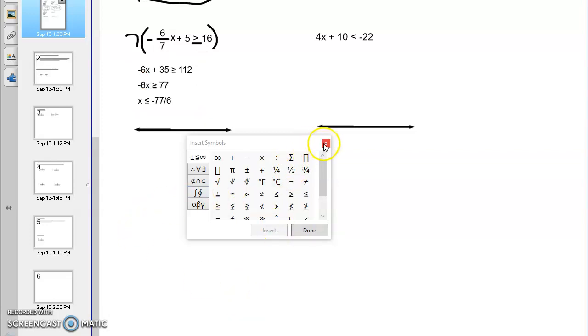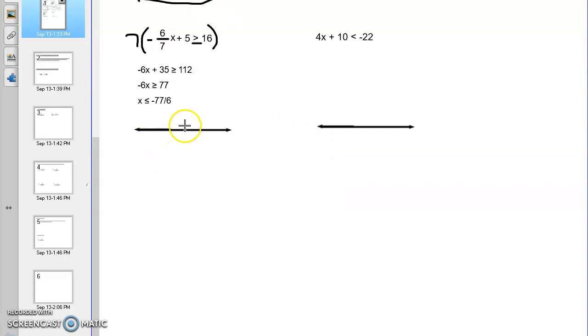When I go to graph it, we go here, and it's a 0, and it's a negative 77 over 6. That becomes a closed dot because it's less than or equal to, and we're going toward negative infinity. So a parenthesis, negative infinity, comma, negative 77 over 6, and that number gets a bracket.